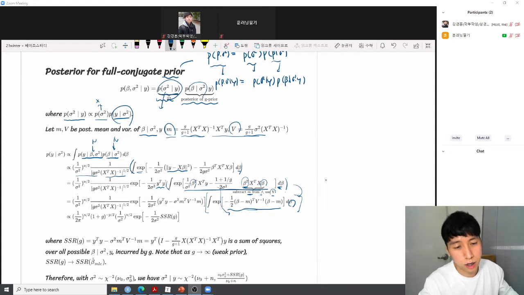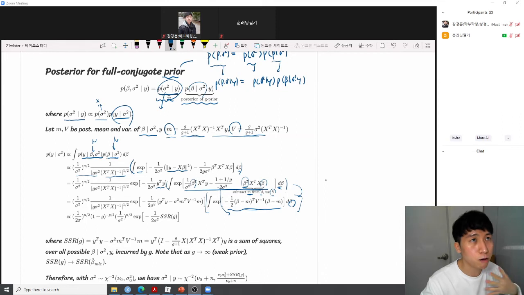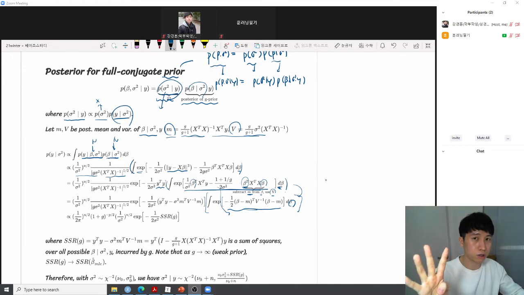Because the crux, the essence, in my opinion, the essential point of Bayesian inference is sampling, because in most cases the posteriors are analytically intractable, right? It is impossible to do an exact integration to get the exact form of a posterior.